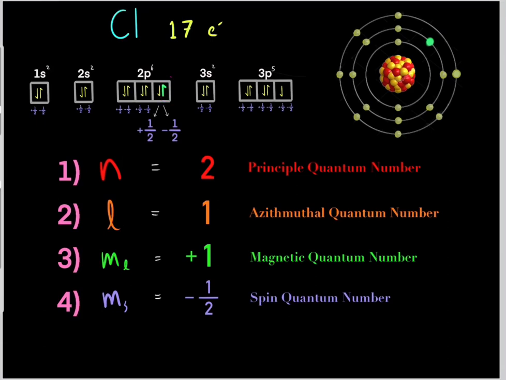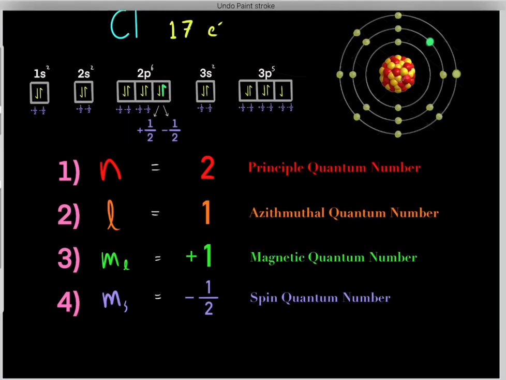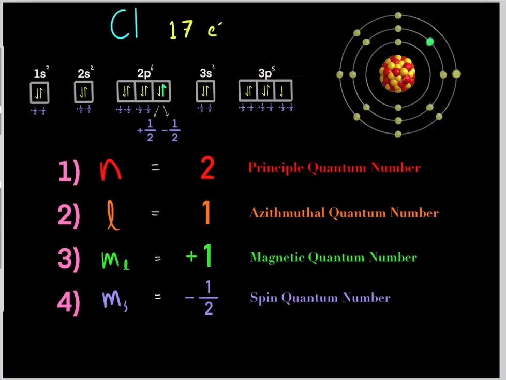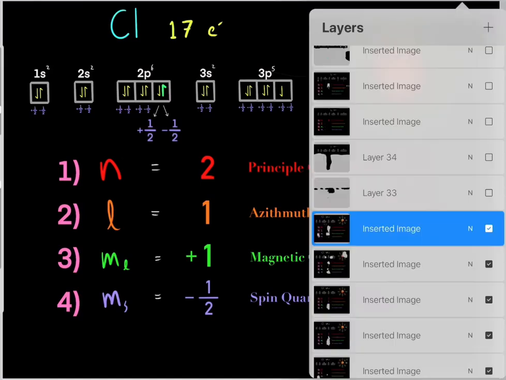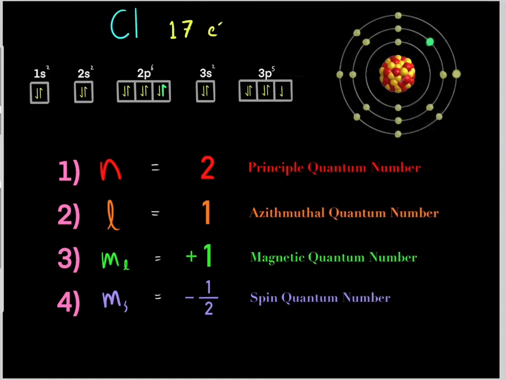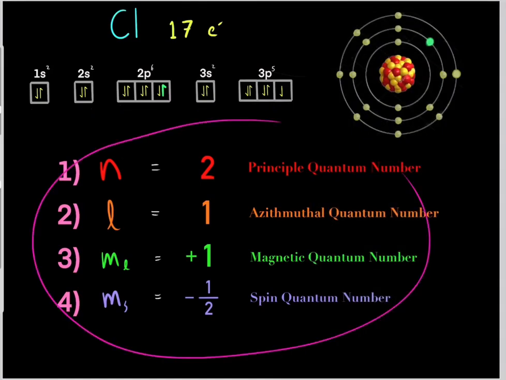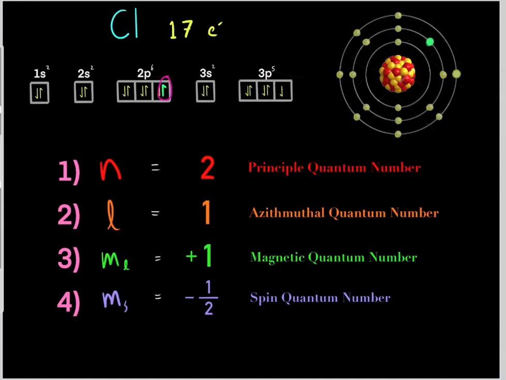Well, again, remember each orbital has 2 electrons, and one electron will have a spin quantum number of +1/2, and the other electron will have a spin quantum number of -1/2. So this particular electron would have a spin quantum number of -1/2. So now we've determined the 4 quantum numbers of this particular electron.